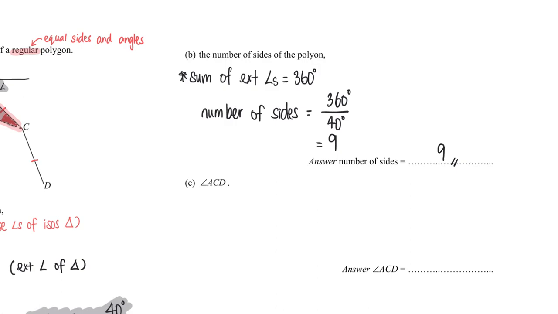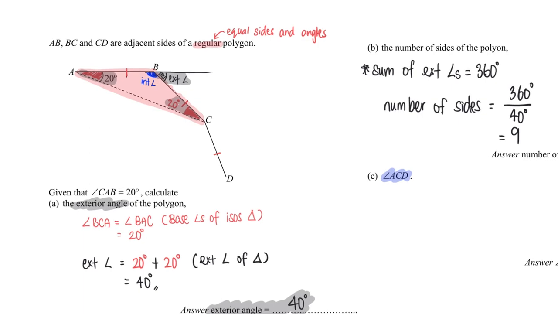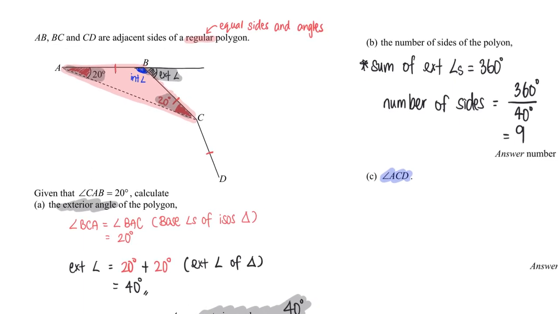And the last part of this question will be to find angle ACD. ACD is here. I'm going to use green color, sorry. So my angle ACD is here.